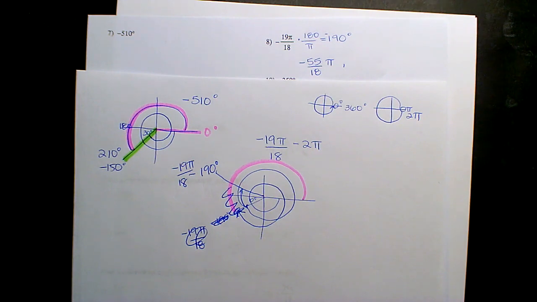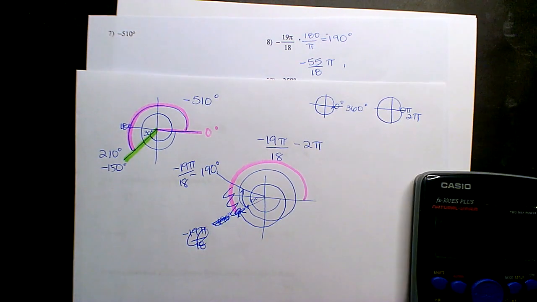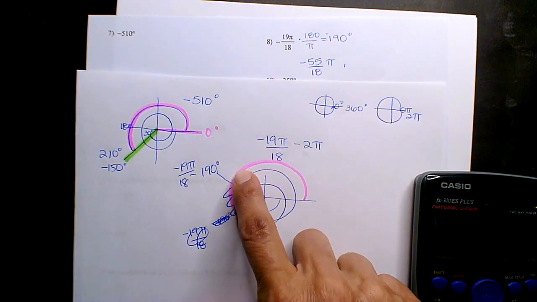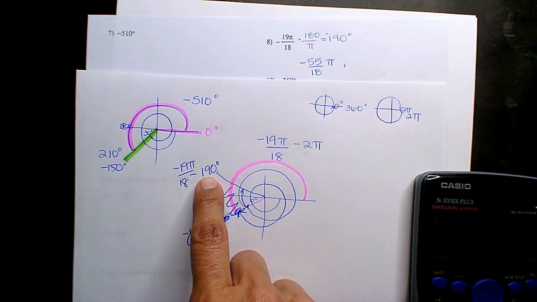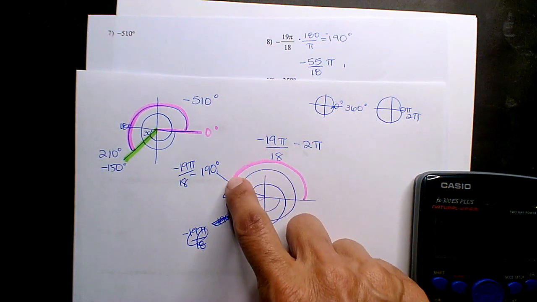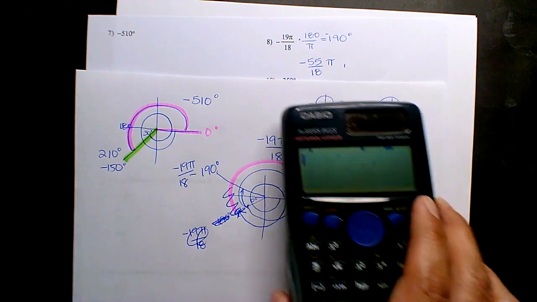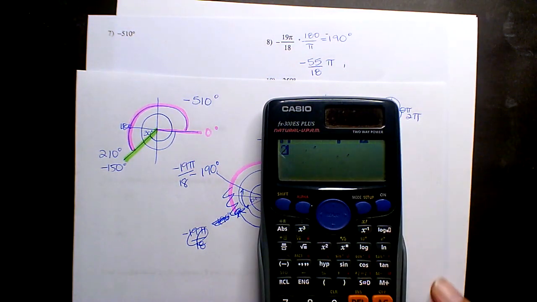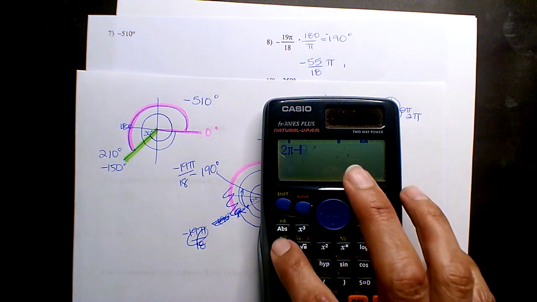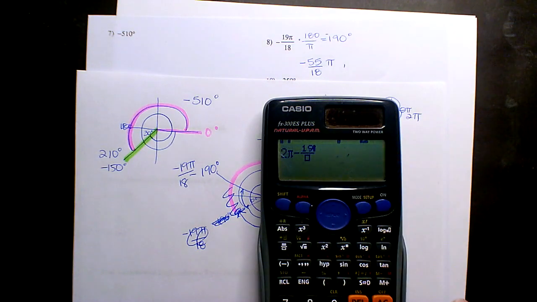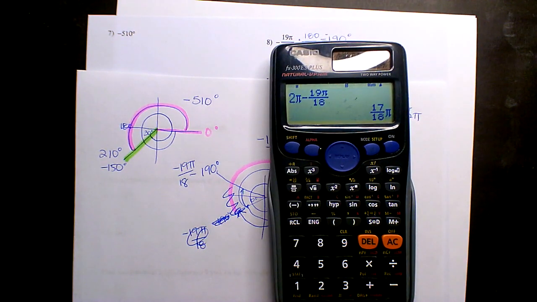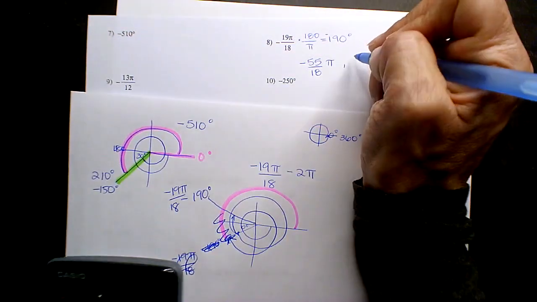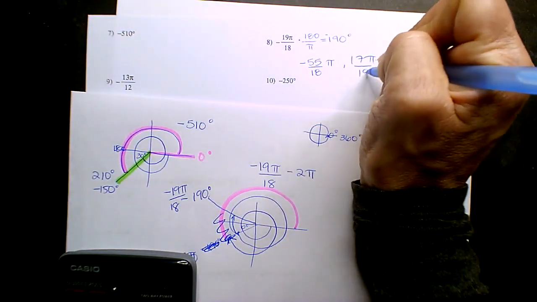Yeah, so if you want the pink, and this is negative 19 pi over 18, and if you want that coterminal, then what is 2 pi minus 19 pi over 18? I get 17 pi over 18.